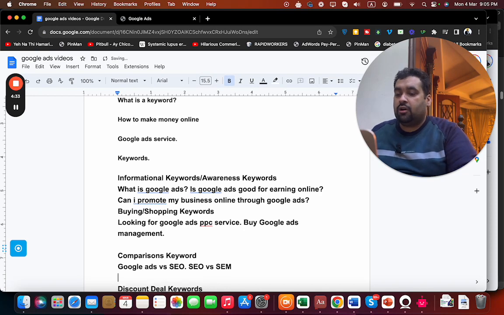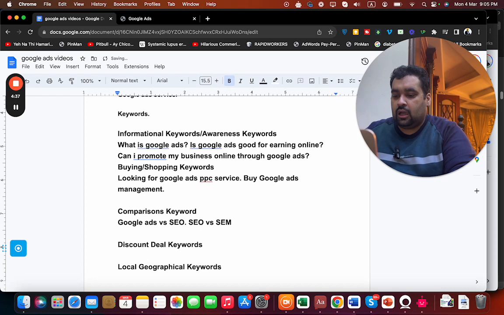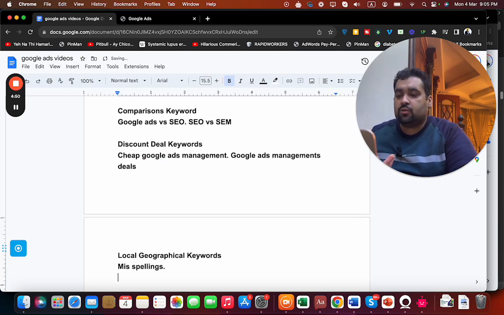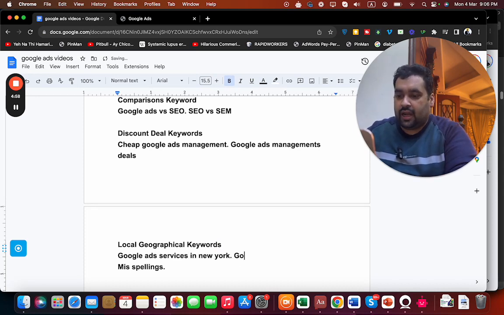Now the discount or deal keywords can be like cheap Google Ads management, Google Ads management deals, promos. Keywords like these can be deal or promo keywords. Geographical keywords could be like Google Ads services in New York, or Google Ads services in London.